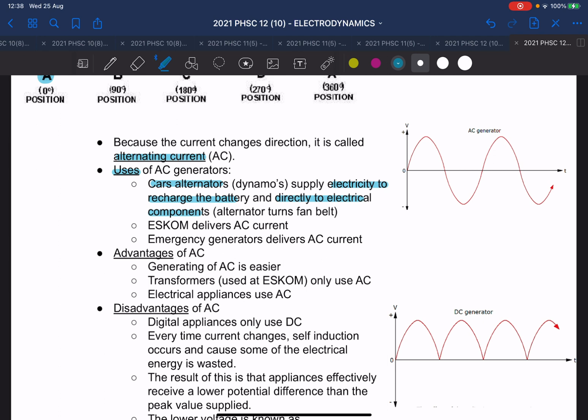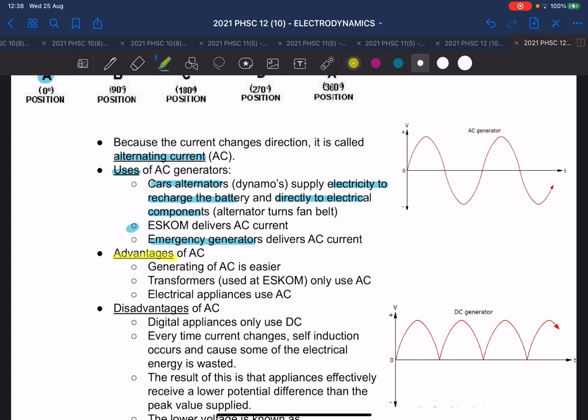When you play your radio, you have radio. When you want to wipe wipers, you have that. So that thing in your car turns and it generates electricity for all of the stuff that needs electricity in your car. Then also, it's not a use, it's where we get it. ESCOM delivers alternating current, and then obviously we have emergency generators when ESCOM doesn't work.